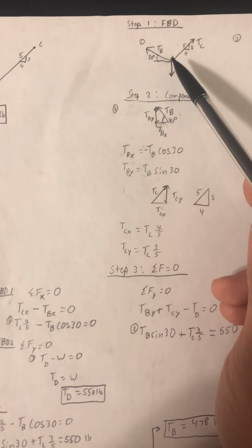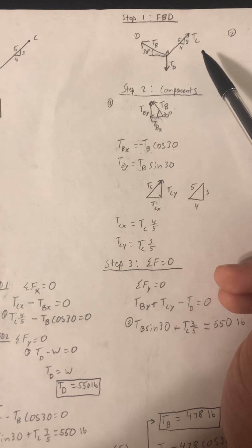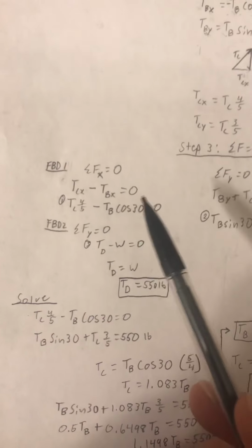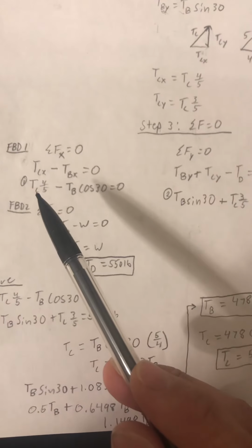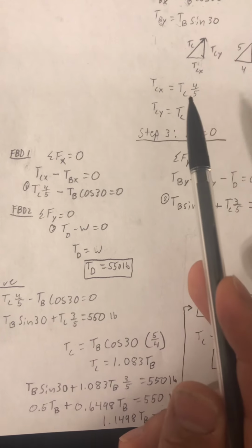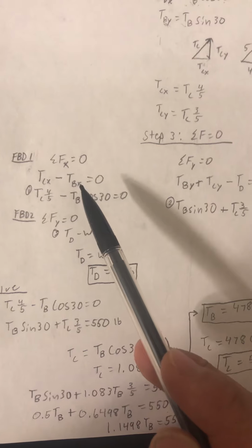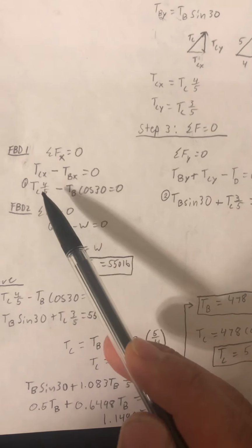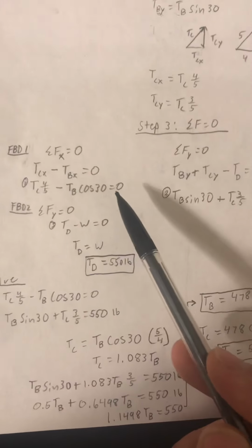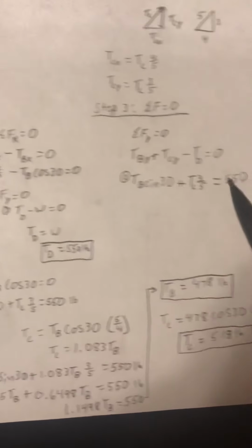TC in the X direction goes positive, TB in the X direction goes negative, equals 0. Then I plug in the values that I got: TC times 4/5 minus TB cosine 30 equals 0. So that's my first equation.